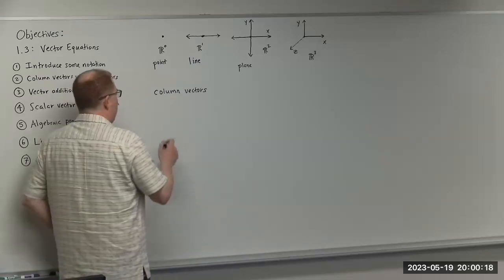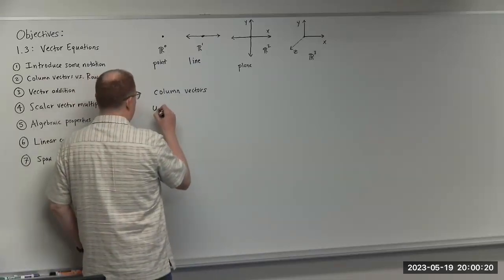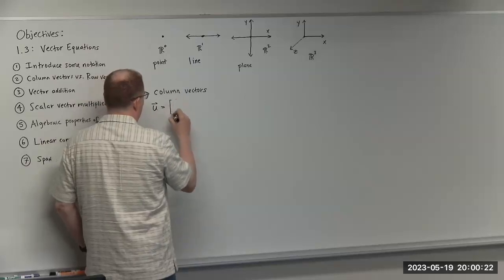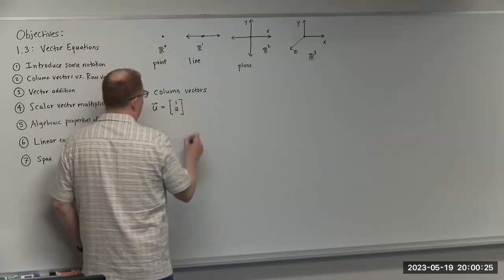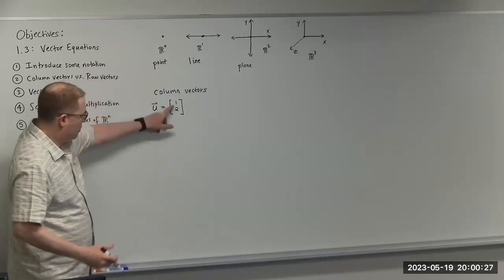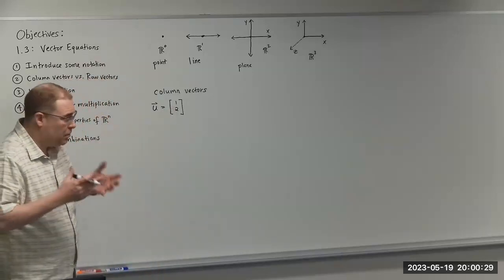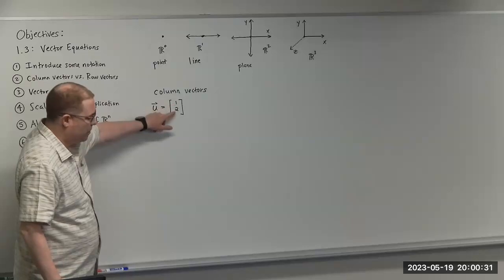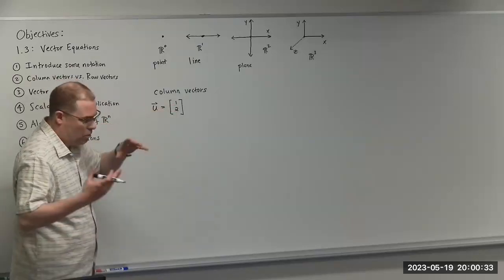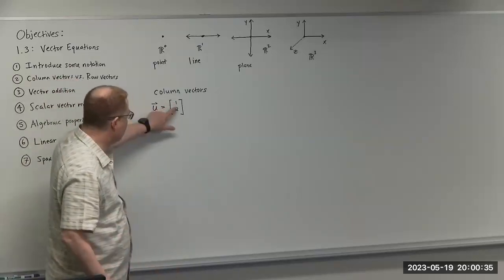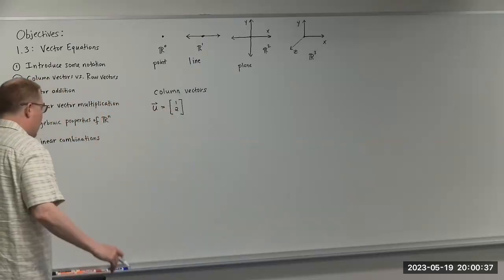For example, we have u equals (1, 2). If we're thinking in terms of x and y, this would be your x value and this is your y value. In other words, we can say that this is x1 and this is x2.